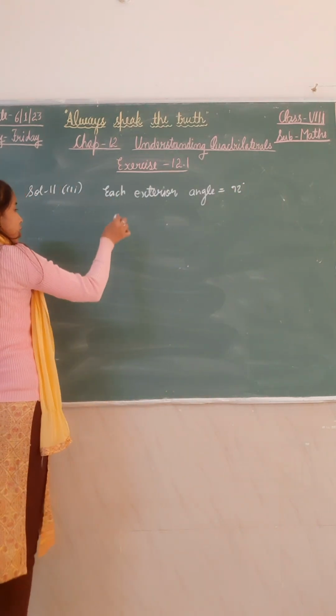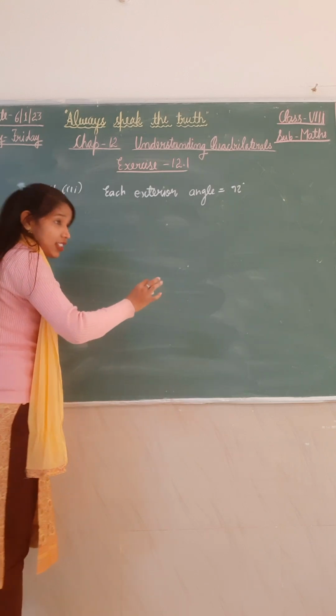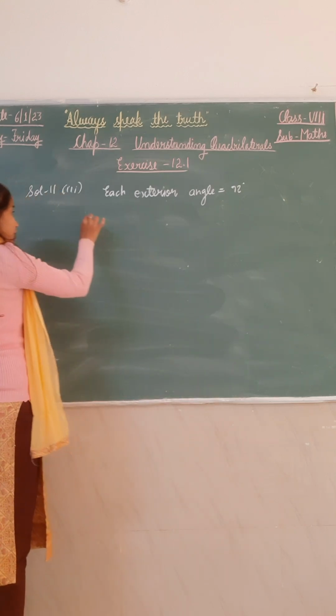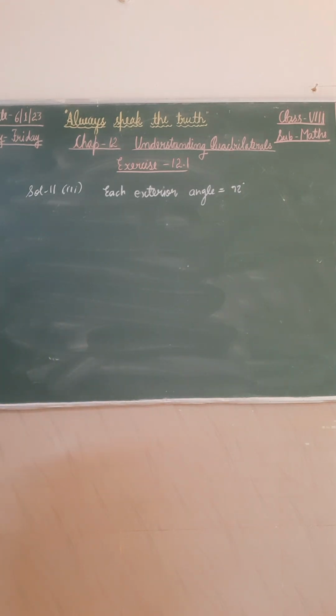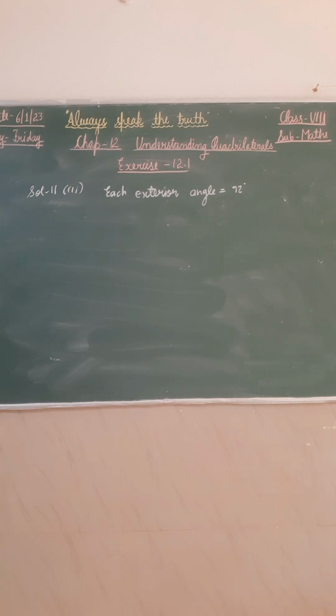And now we know that the total is 360, right? We have to find the number of sides.